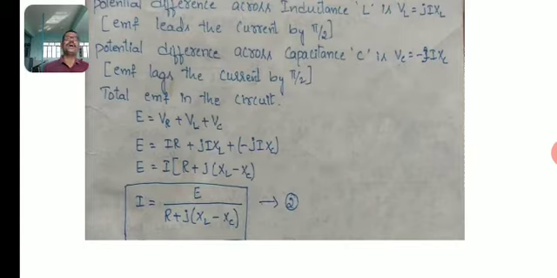E is equal to I into R plus j into XL minus XC. Further, this can be written as I is equal to E by R plus j into XL minus XC. Let this be equation number 2.